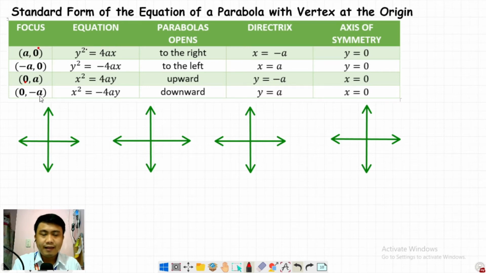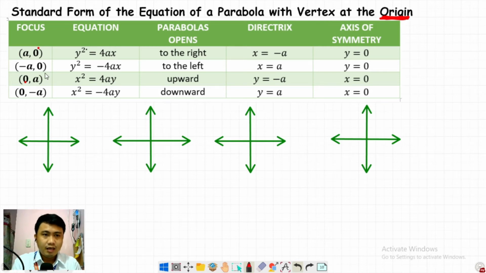And so tandaan parati na kapag ang focus po natin ay nasa, we're talking about vertex at the origin. Iba pa kasi yung vertex not at the origin. So we are talking about the standard form of the equation of a parabola with vertex at the origin.